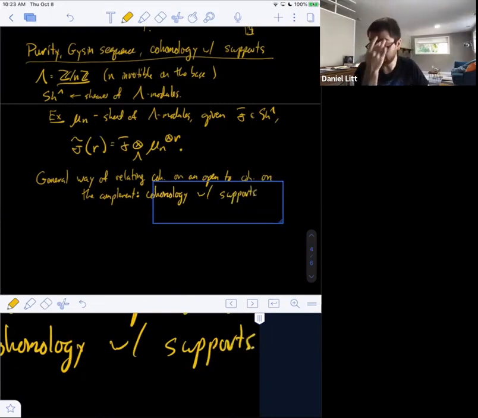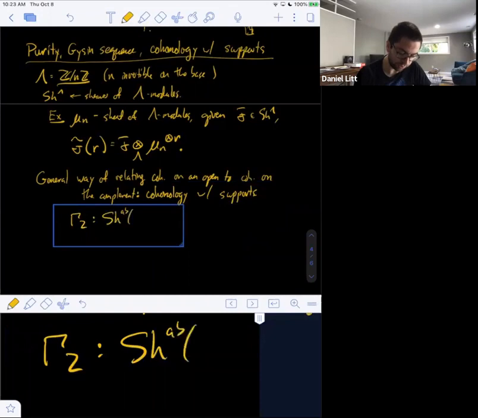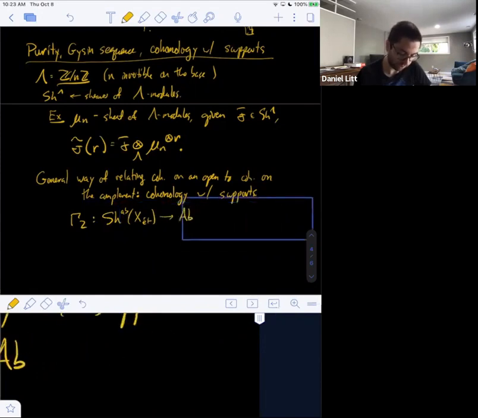So I'm going to define for you a functor. Here, gamma sub Z is a functor from abelian sheaves on X étale to abelian groups, where Z inside of X is some closed subscheme.